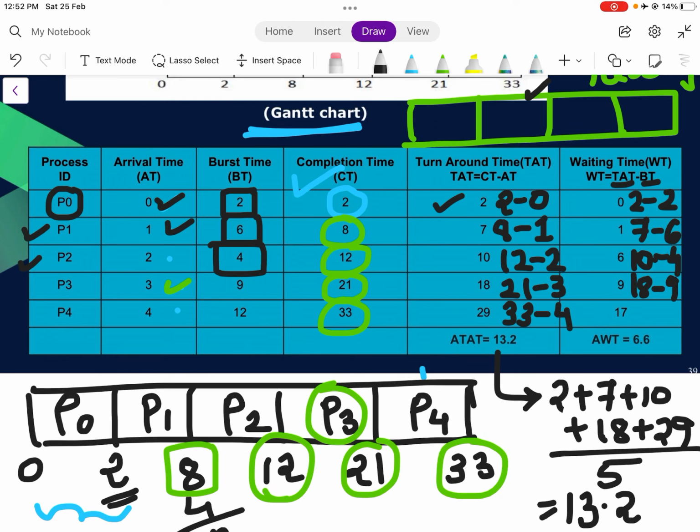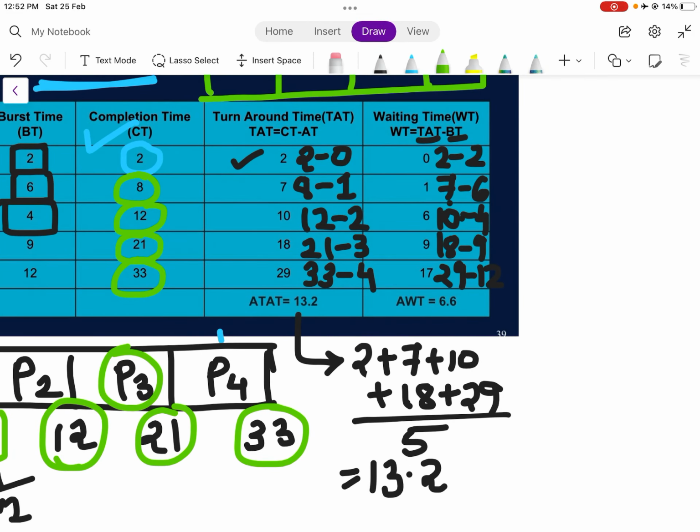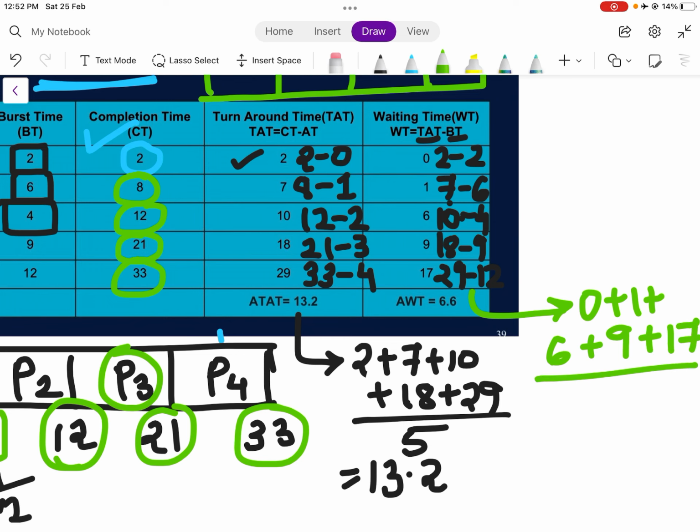And this is 29 minus 12. So when you add this, 0 plus 1 plus 6 plus 9 plus 17 divided by 5, you get 6.6 as the average waiting time.